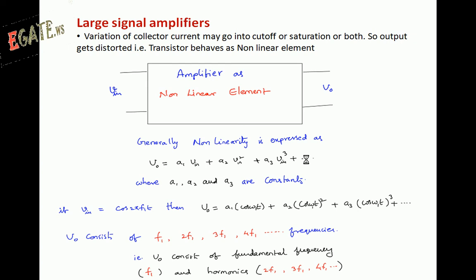Because of these harmonics output gets disturbed, that is there will be distortion in the output signal. This type of distortion due to harmonic frequencies is called harmonic distortion, which is present in large signal amplifiers, which doesn't occur in small signal amplifiers. This is one more very important difference.